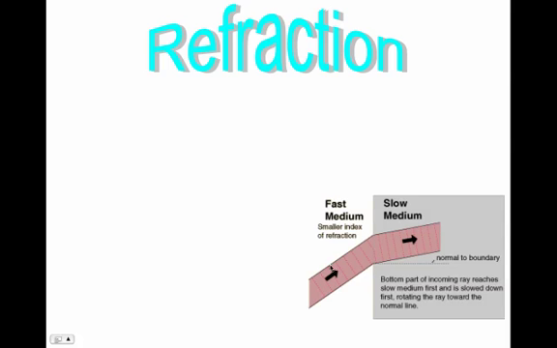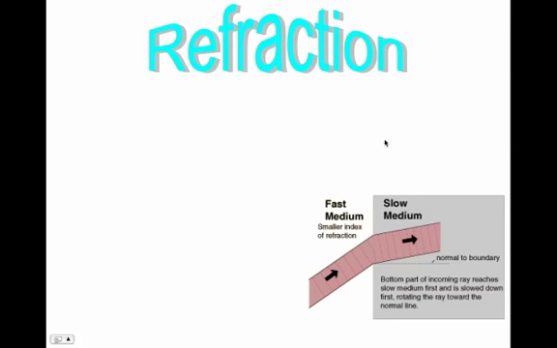Well, here's a blown up ray of light, and as it's in a lighter, less dense medium, it travels quicker, and as it goes through a more dense medium with a higher index of refraction, it slows down the light rays. And the boundary between these two mediums causes the light to bend.